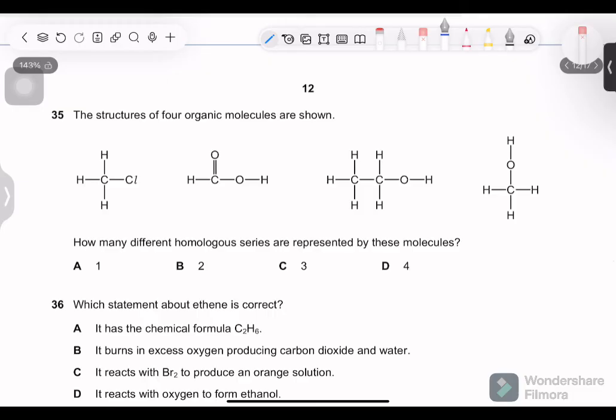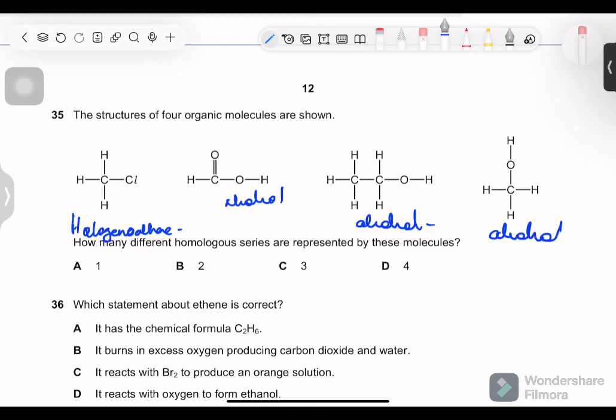Structures of 4 organic molecules are shown. How many different homologous series are represented by these molecules? Homologous series are indicated by the functional group. So this is a halogenoalkane. This is an alcohol due to the OH group. This is an alcohol due to the OH group. This is another alcohol due to the OH group.